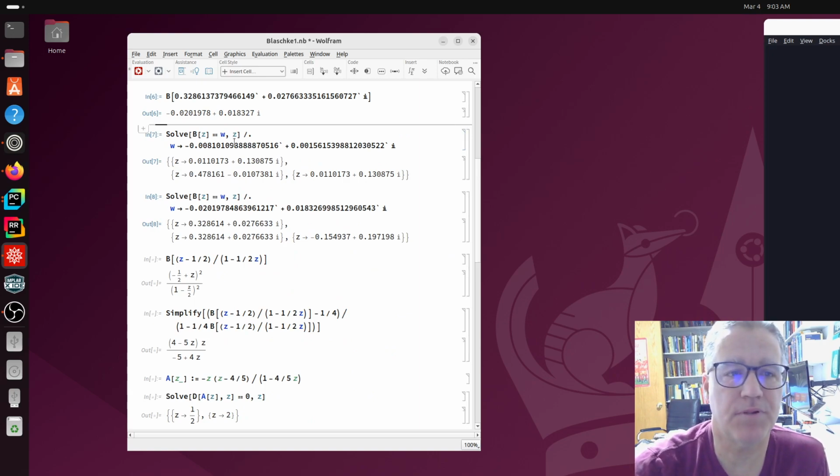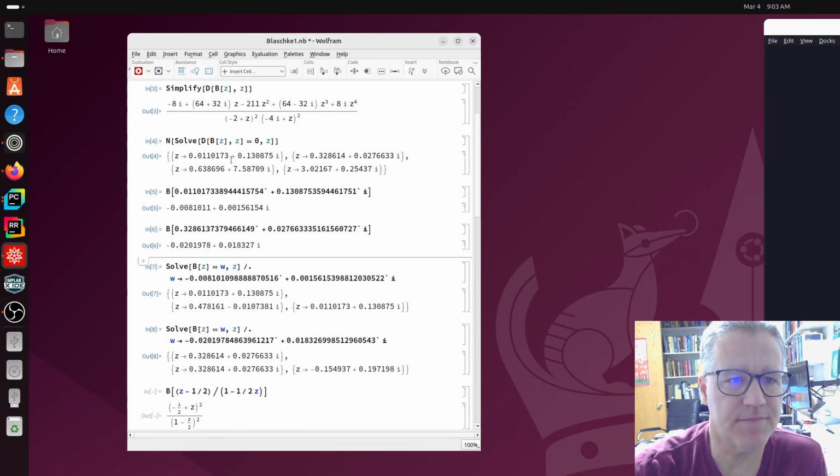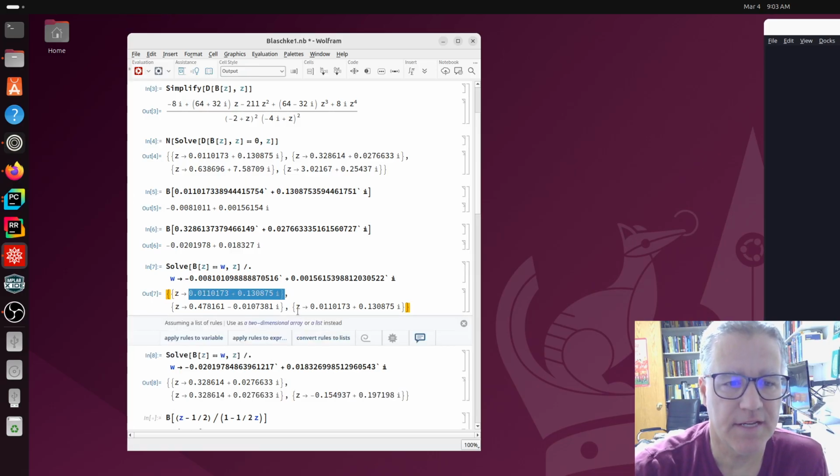But let's plug in the critical points on those branches, and we see we recover these critical points. So here's this, right? And I don't actually know why this is the case.